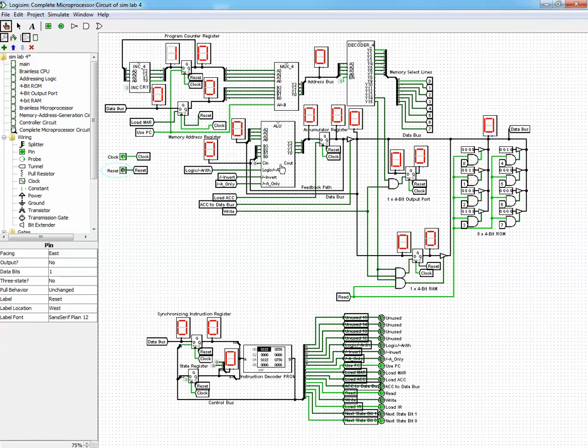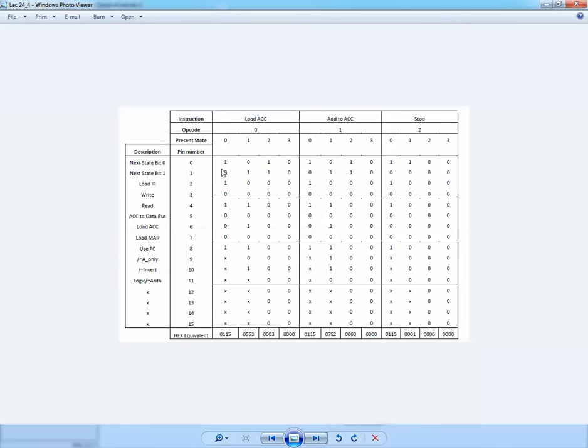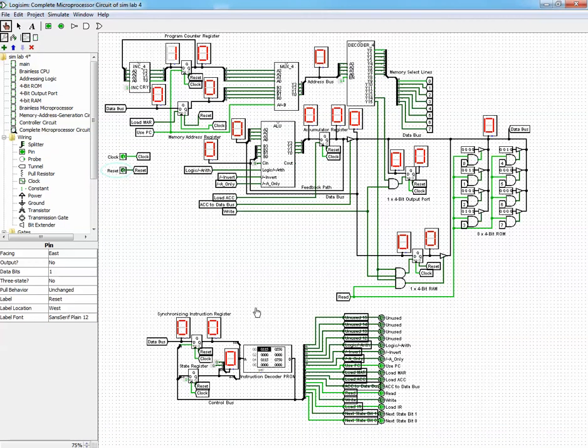Once you tick the clock, actually it will not do anything, because this is what is expected. We are expecting nothing in the first clock cycle. Let's have a look at the second clock cycle. We expect to load the ACC in the second clock cycle.